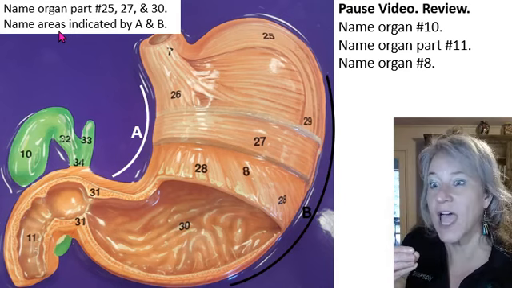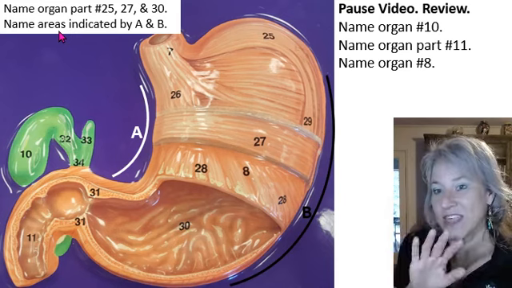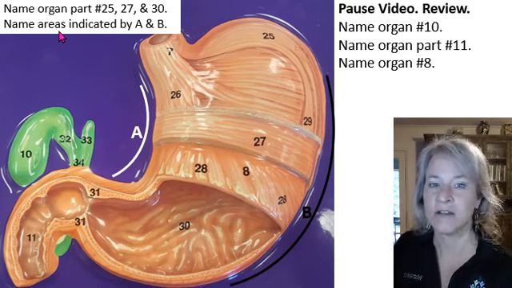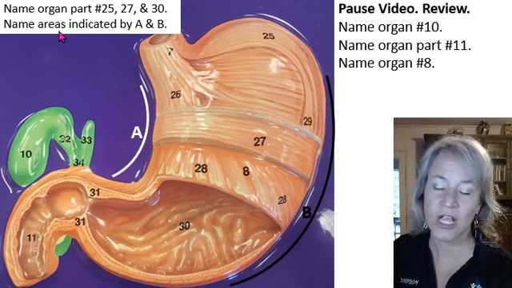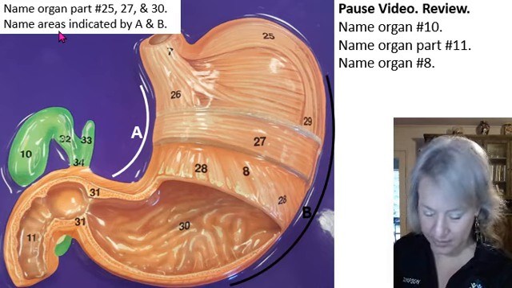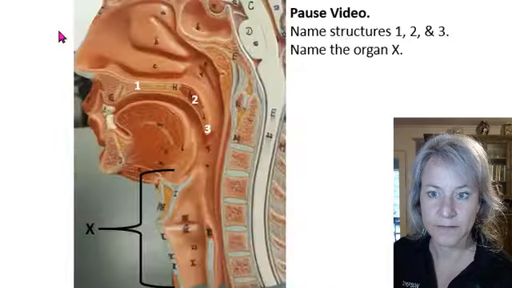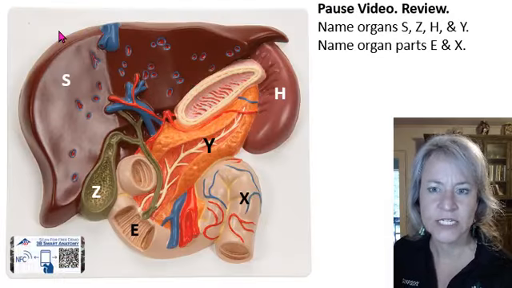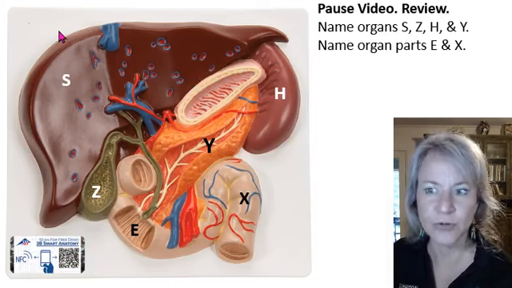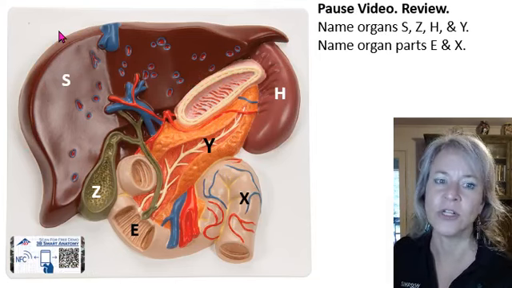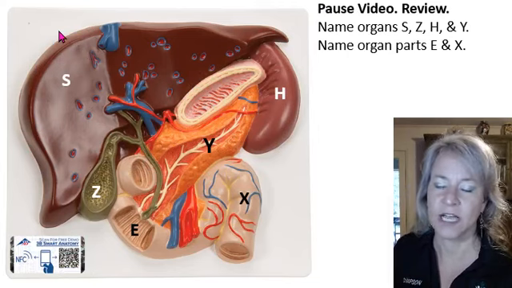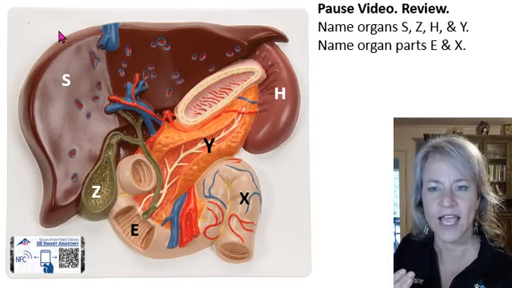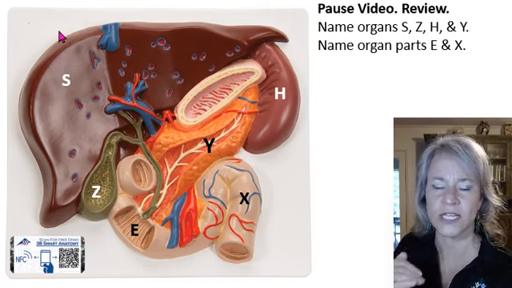I don't have to use these pictures of these models. So if I suddenly pop up a new picture of the digestive system, kind of like this one, that I didn't go over, you should still be able to identify those organs.